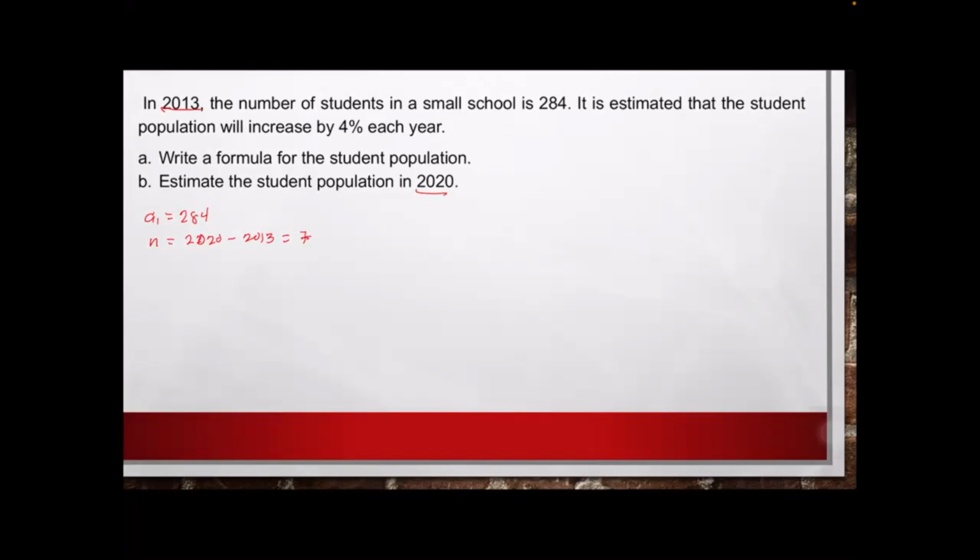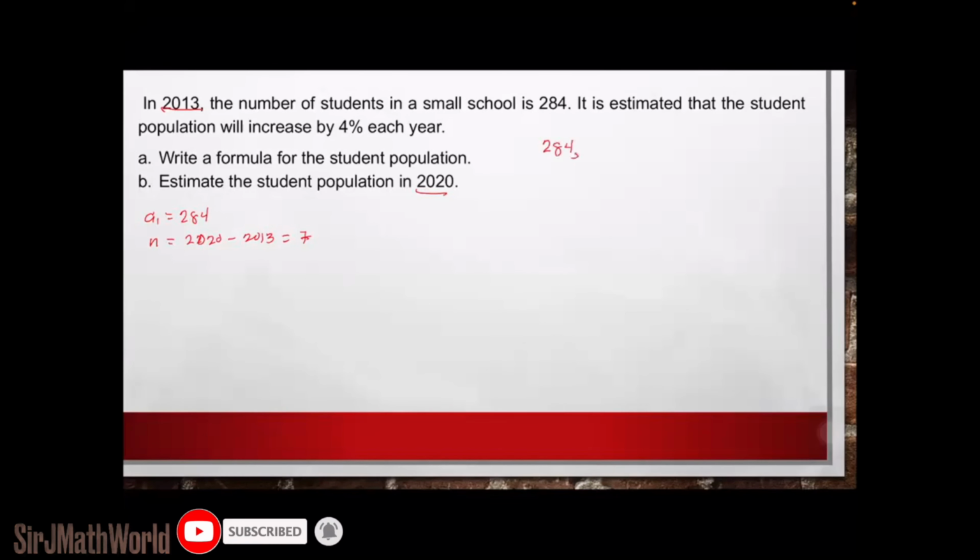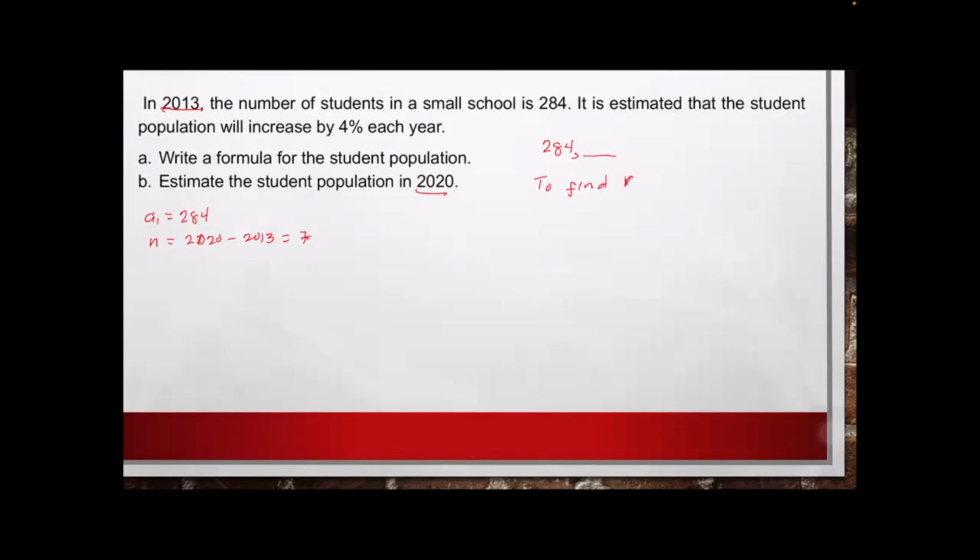So, how will we complete our series? We have 284. To get the n, what will be the next term? Our problem is we need the second term to get the r. Now, to find your r, we will use this 4%. 4% is equivalent to 0.04.